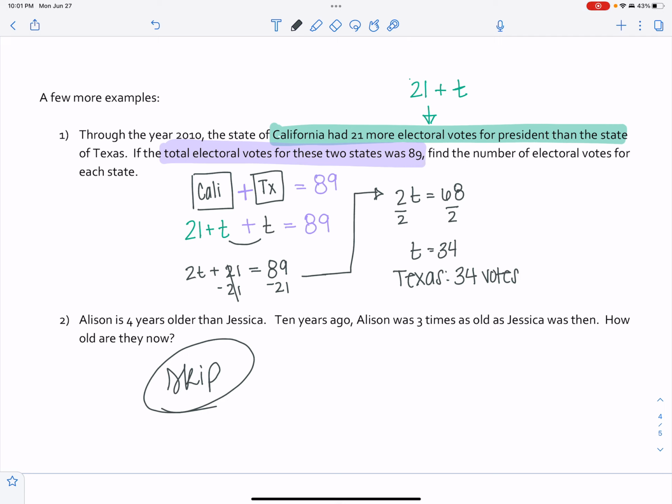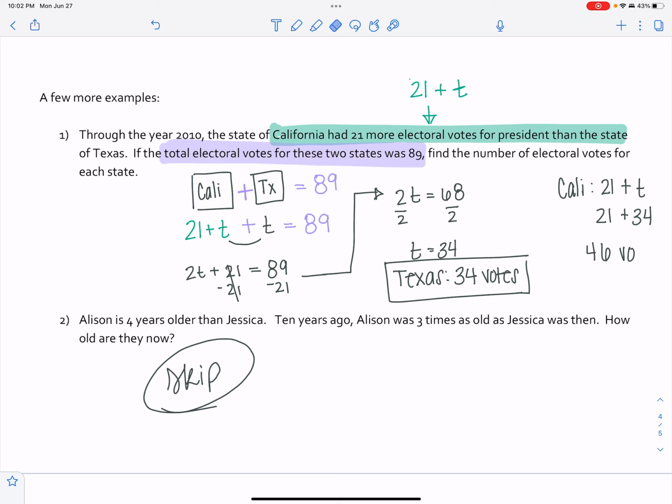Now, I want to know both of them, so if Texas was 34 votes, it said that California got 21 more than Texas. So 21 plus 34, California then got 46.